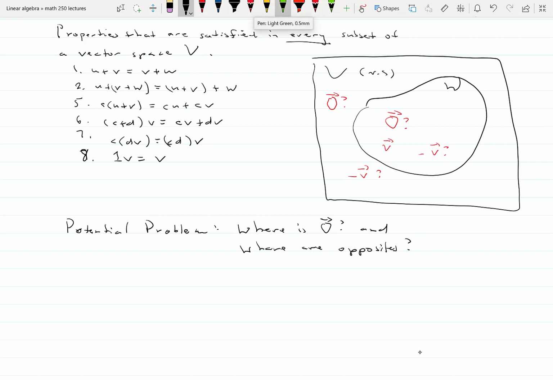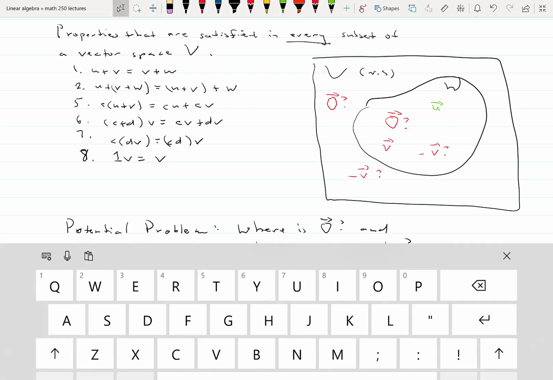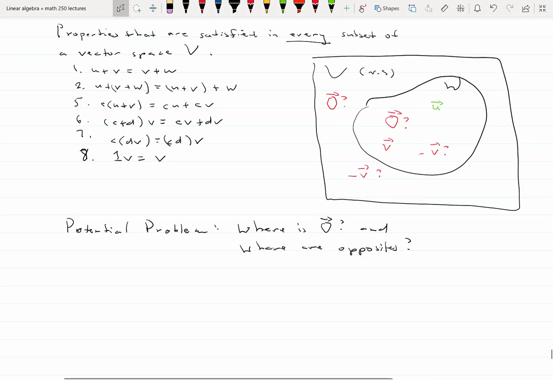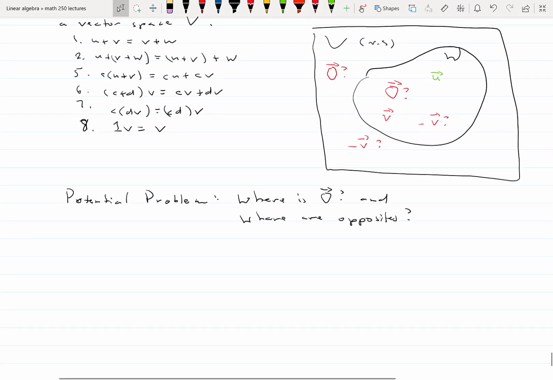Now I'm going to put these ideas in green in our little diagram. If we have, let's say, a green element u in our vector space, I would like to know where u plus v is. Not that it satisfies property 1. I already know it does because it satisfies property 1 everywhere.